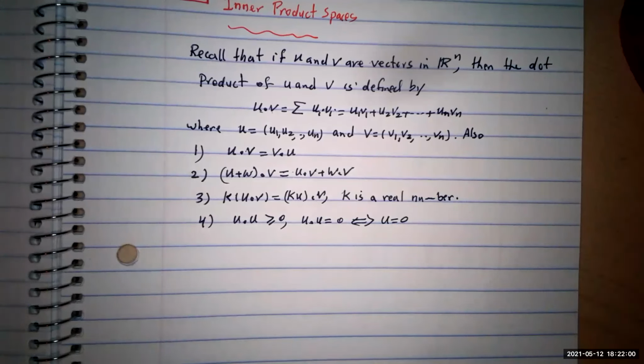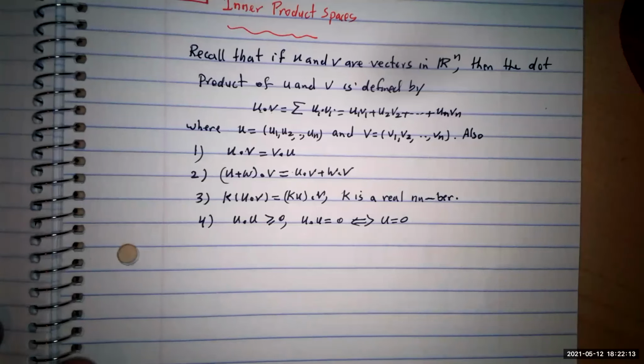Then we continued. Remember u dot u, we call it the norm of u squared, and we continued getting various properties of the norm.